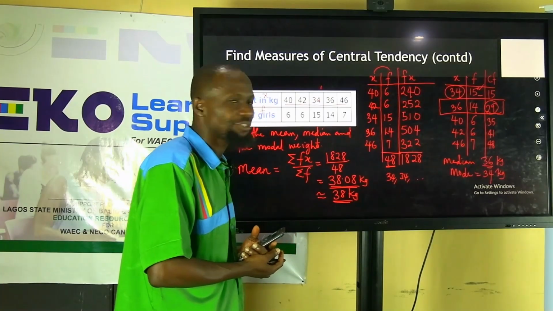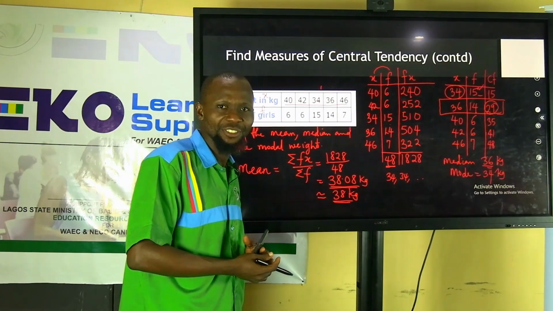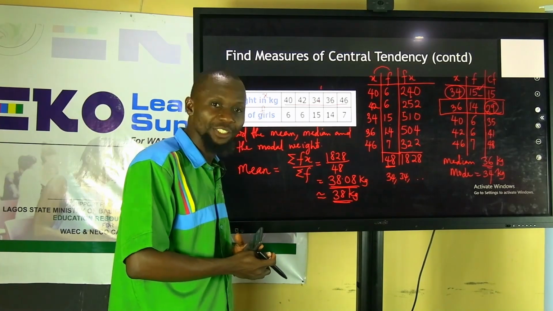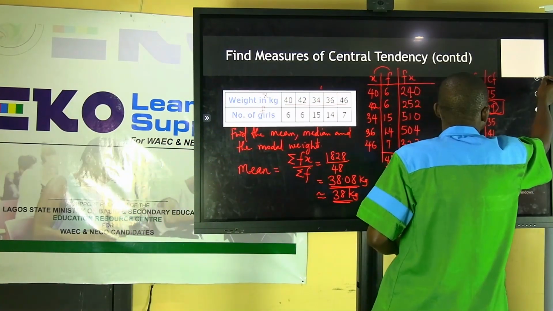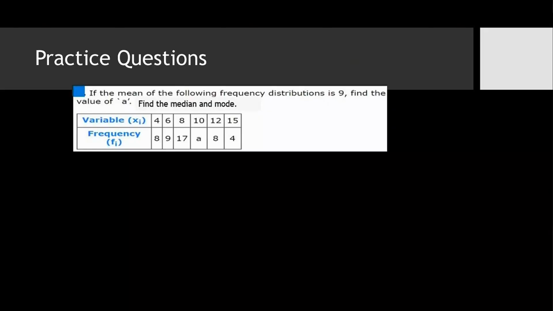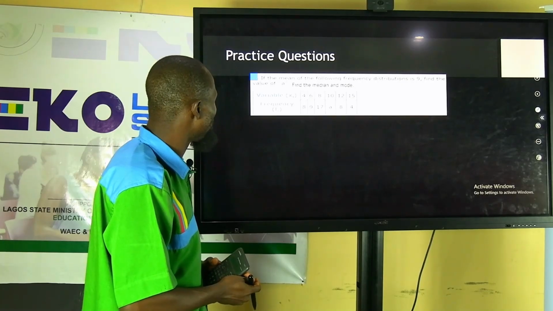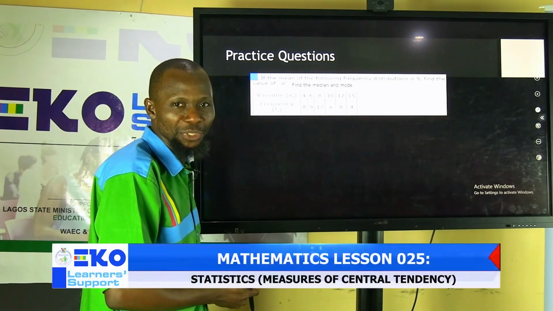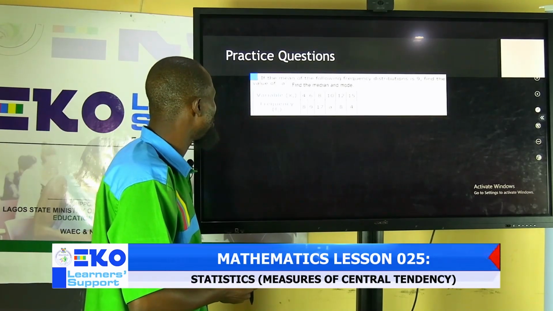With this, I hope you understand. Then we can go to the practice question for this class. If the mean of the following frequency distribution is 9, find the value of A. Then also find the median and the mode.